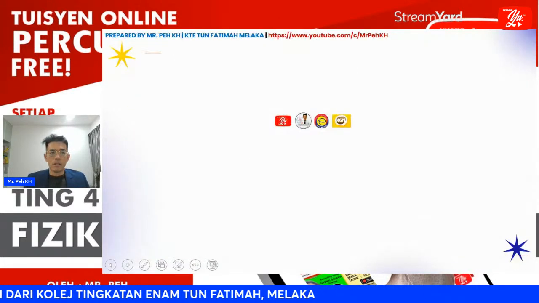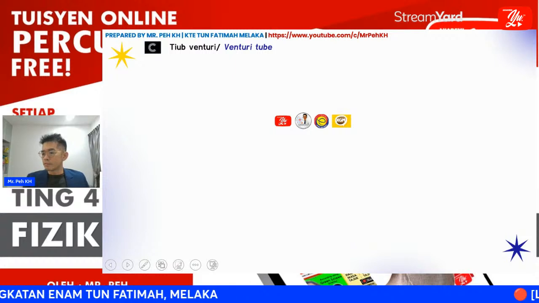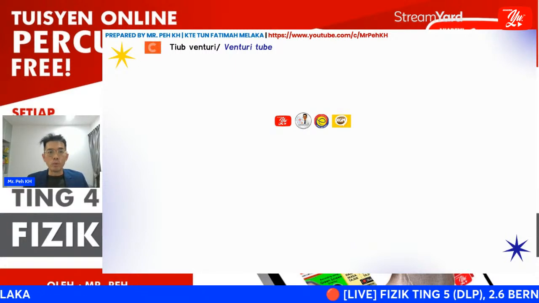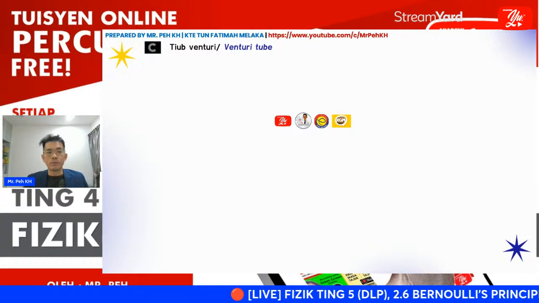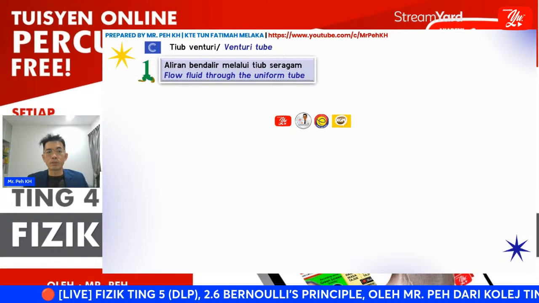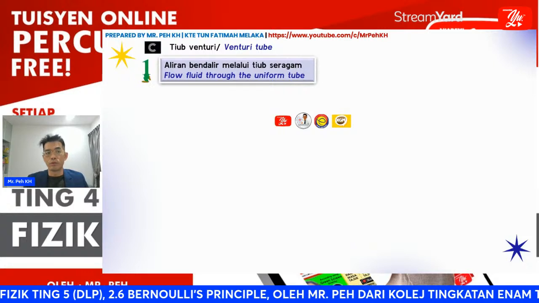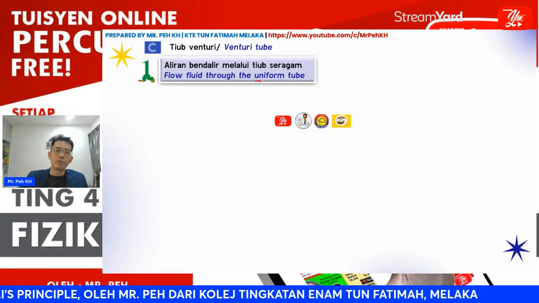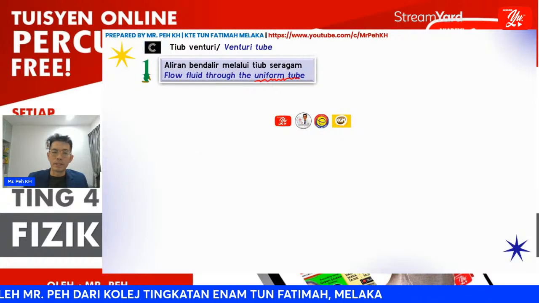Okay, then the third activity, activity 2.3, will be using the Venturi tube. Here we are going to discuss two conditions. The first, the flow of fluid through a uniform tube. What is meant by this?